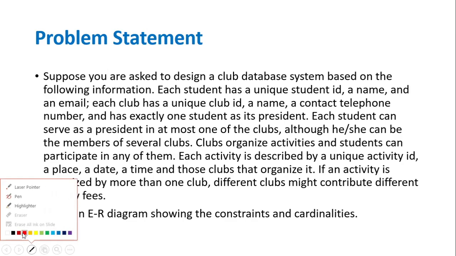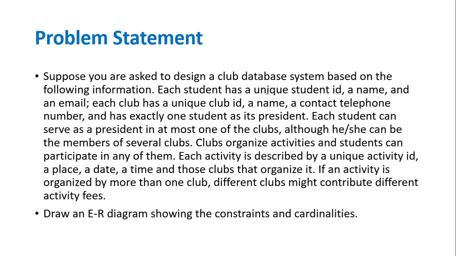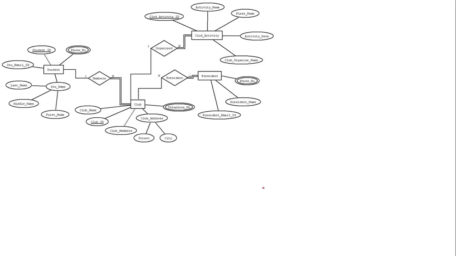In the problem statement, each student has a unique student ID, a name and an email. Each club has a unique club ID, a name and a contact. So it means that they want to store a single contact telephone number, right? So accordingly, we need to take care after reading the problem statement carefully.